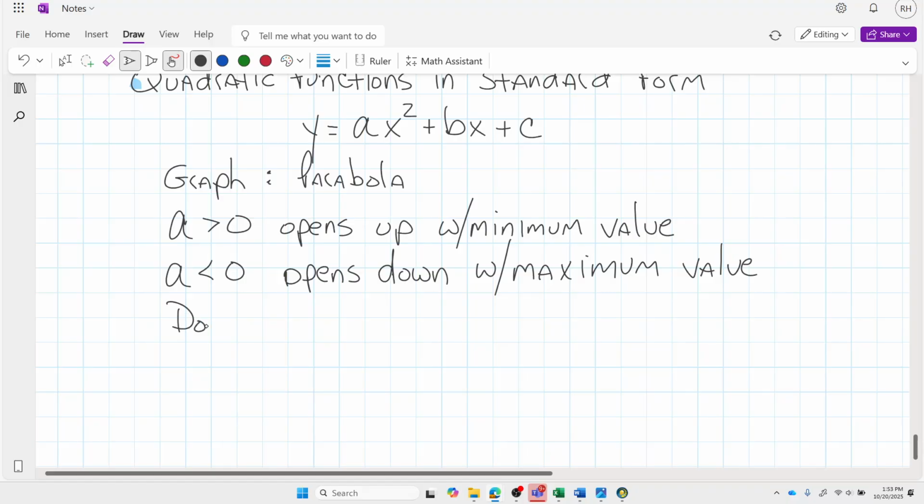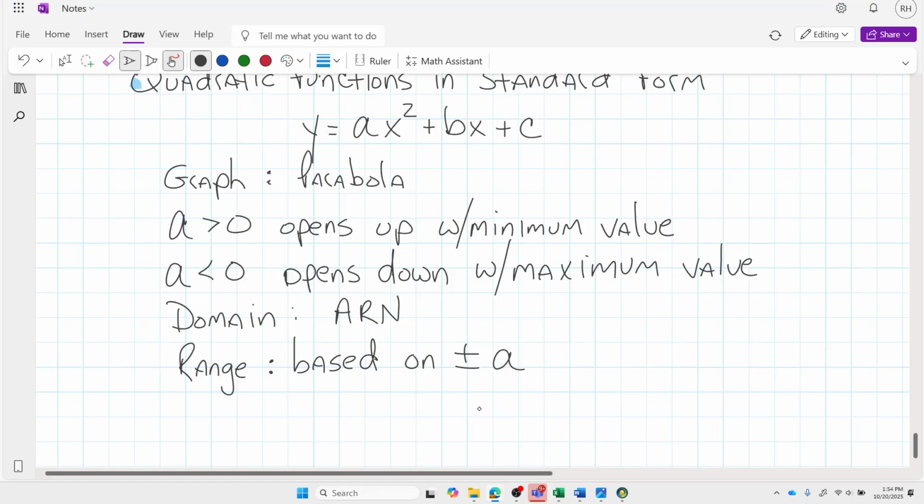So we could say domain, all real numbers, and the range is based on whether a is positive or negative, so we'll say it's based on a positive or negative a, and the y value at the vertex.